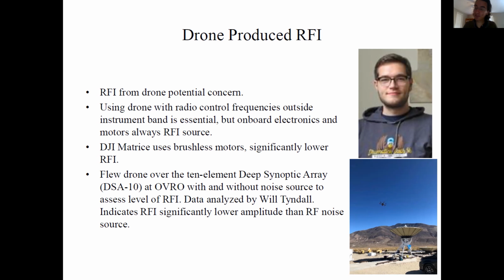So far, it looks like this model from DJI is very good RFI wise. It's significantly quieter than the source that we're using, so we think we should be safe there. We're not quite sure why that is. One theory is the brushless motors just put out a lot less static than cheaper motors, but that is another concern that always has to be in your mind here.